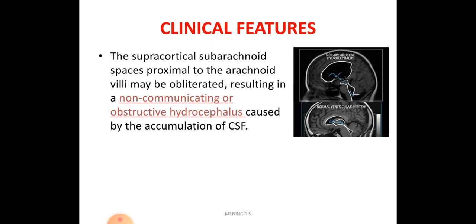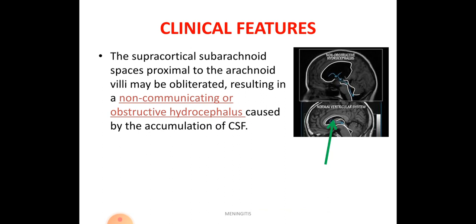So what are the clinical features? As we discussed, CSF is not going properly for circulation, so it will start accumulating inside the ventricles. Clear? You can see in this MRI, here is the normal ventricular system, our lateral ventricle.